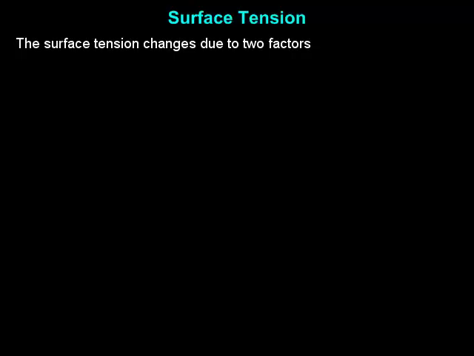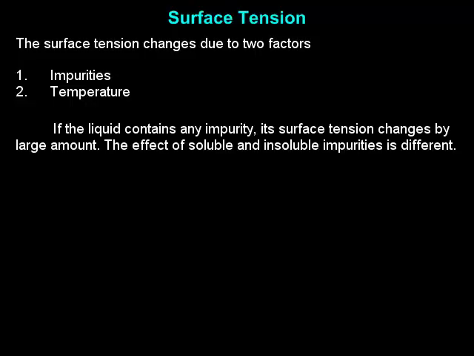The surface tension changes due to two factors, impurities and the temperature. If the liquid contains any impurity, its surface tension changes by a large amount. The effect of soluble and insoluble impurities is different.